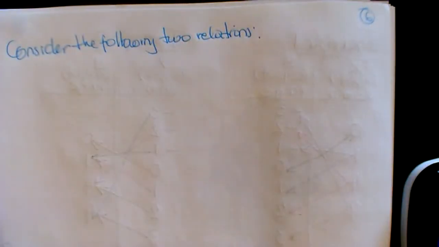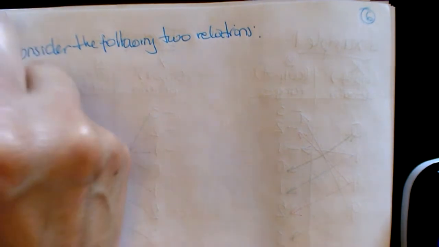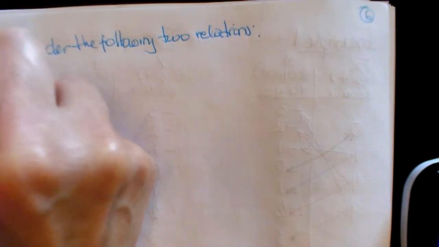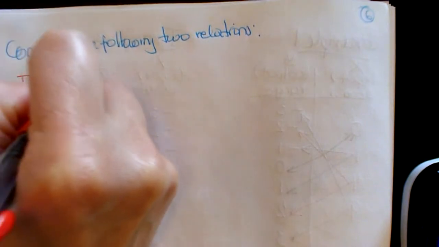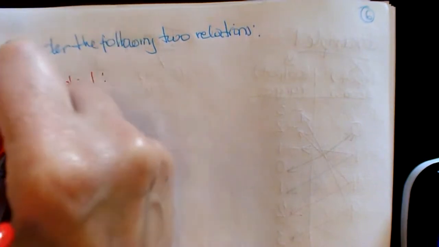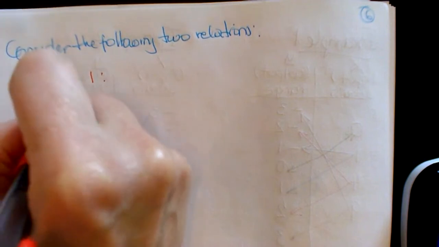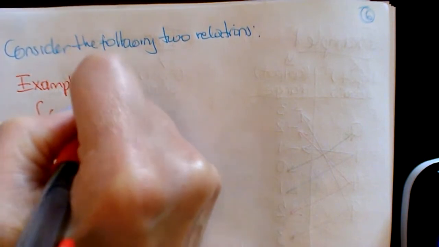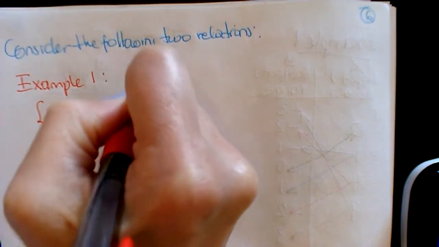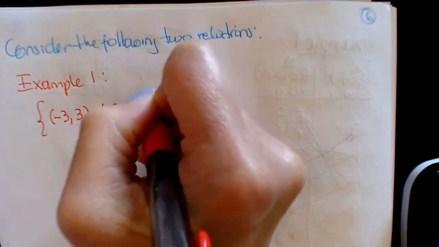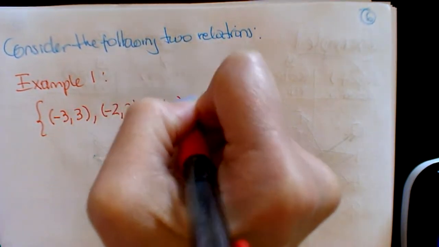We're going to consider those two relations. The first one: -3, 3, -2, 2, -1, 1.